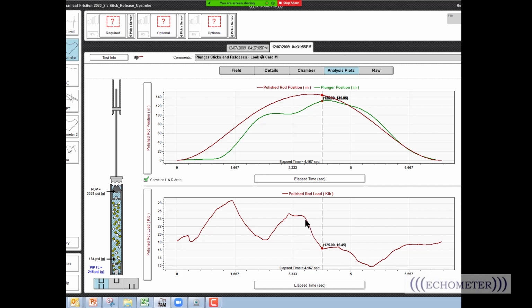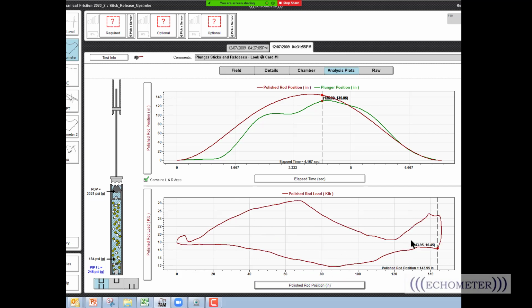Okay, but when you look at it as a surface card, rather than in terms of time, the time doesn't seem that big a deal. It's just release of load versus time. But when you look at it in terms of stroke, polish rod position, you see this vertical drop in load, which is an indication of a release of downhole friction.